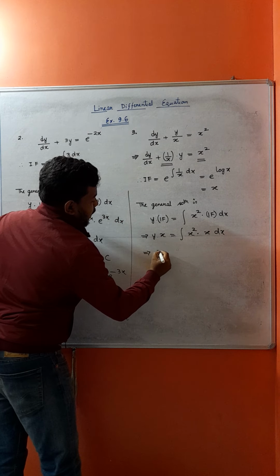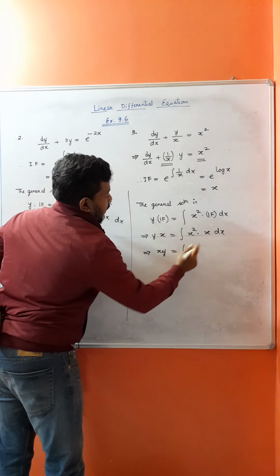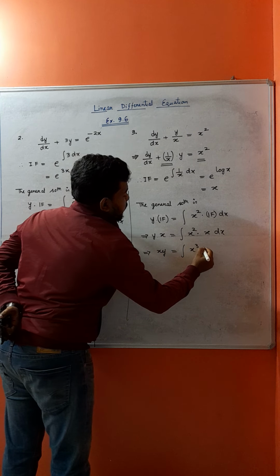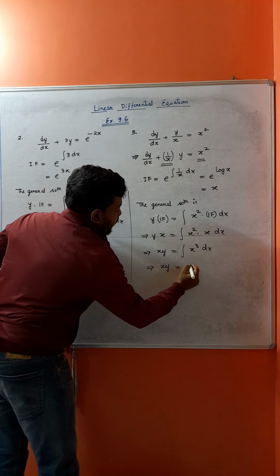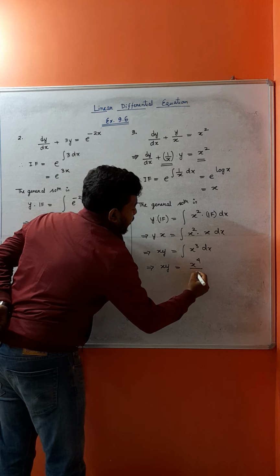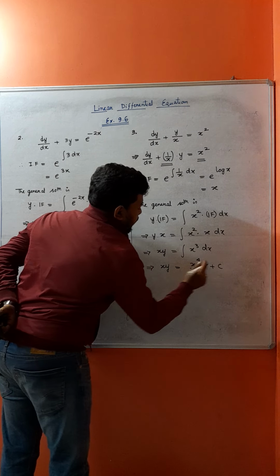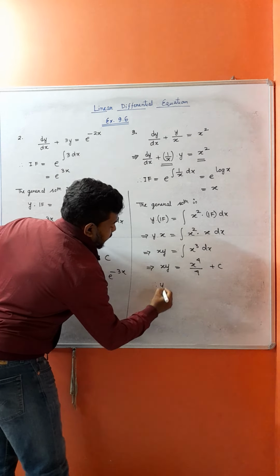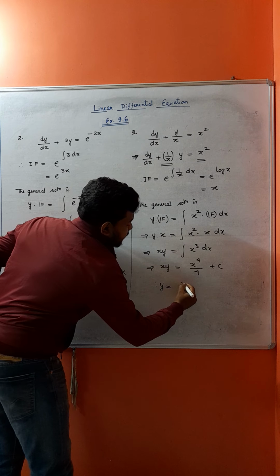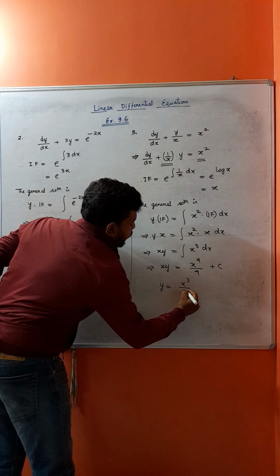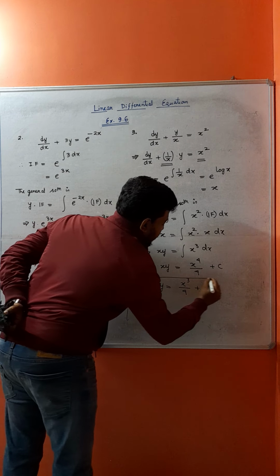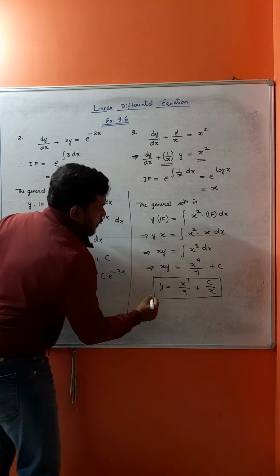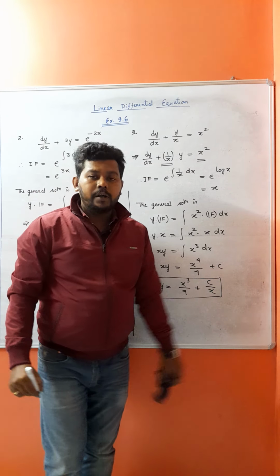So x into y, x into x square, x cube dx. So xy is equal to x to the power 4 by 4 plus c. So y is equal to x cube by 4 plus c by x. This is the general solution where c is an arbitrary constant.